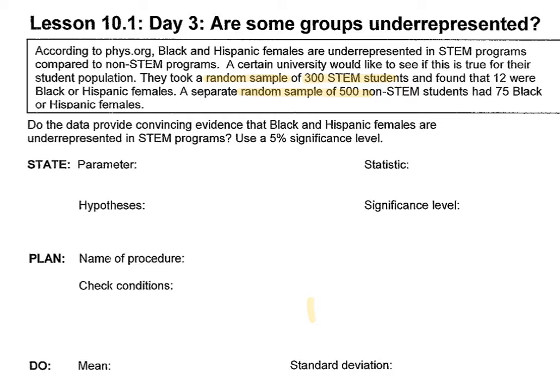So the parameters of interest: let P1 be the proportion of Black and Hispanic females in STEM, and then let P2 be the proportion of Black and Hispanic females in a non-STEM field.